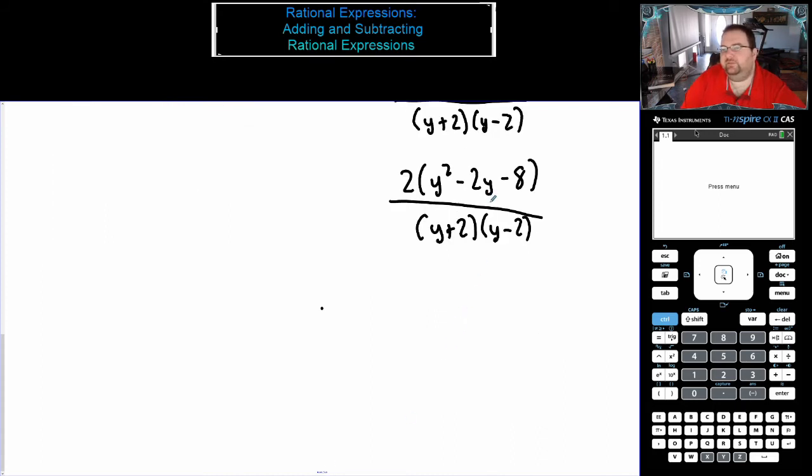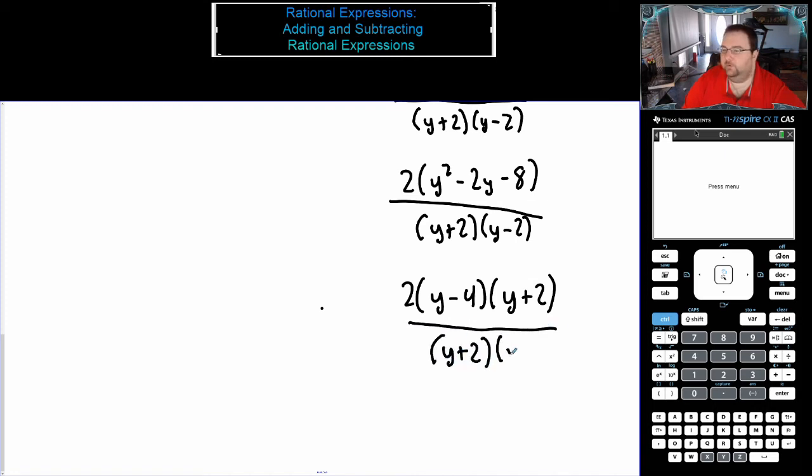And this, can we factor it? Yes, we can. So this is going to be y minus 4, y plus 2. Right? Y squared plus 2y minus 4y gives us that negative 2, minus 8, over y plus 2, y minus 2.